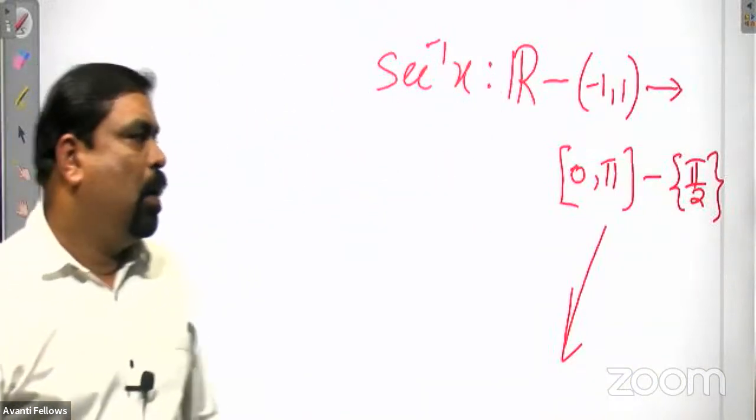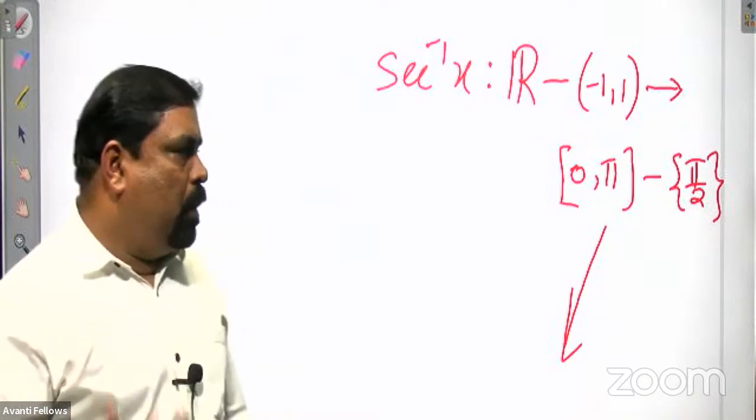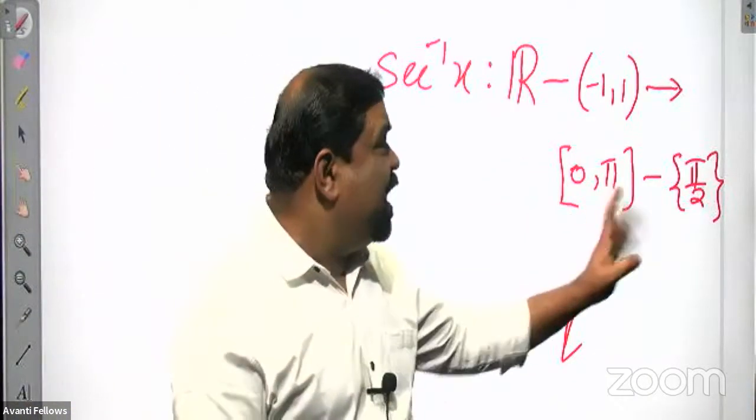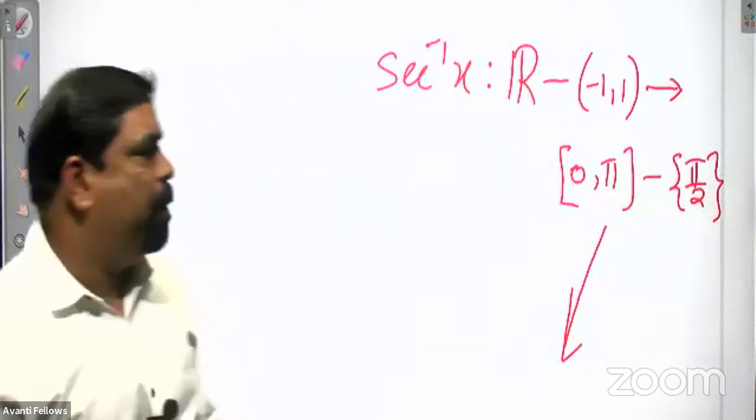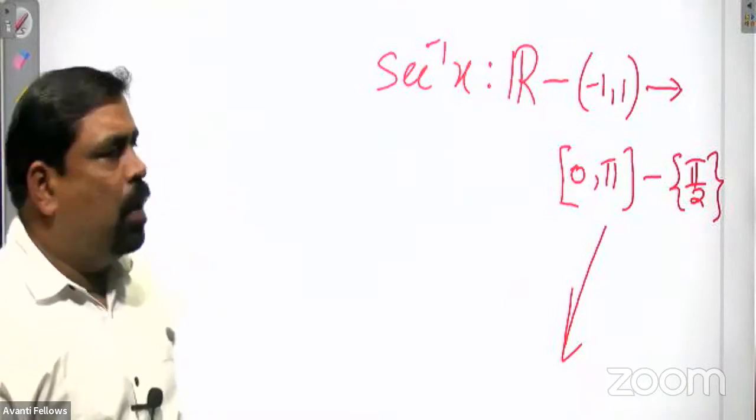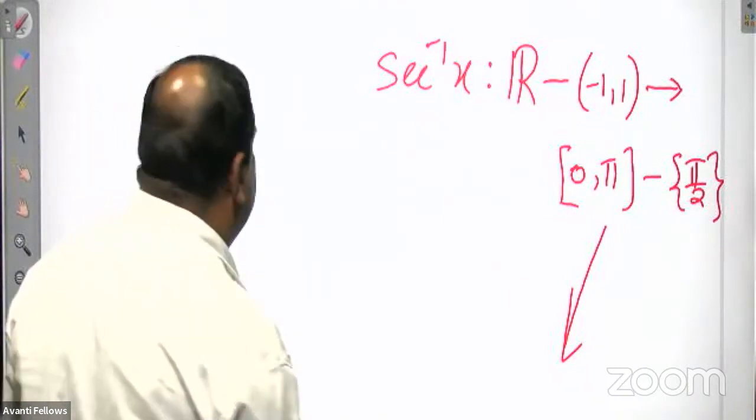So this is the principal value branch of sec inverse x: all real numbers from 0 to pi except pi by 2. Like that, then cosec inverse x.